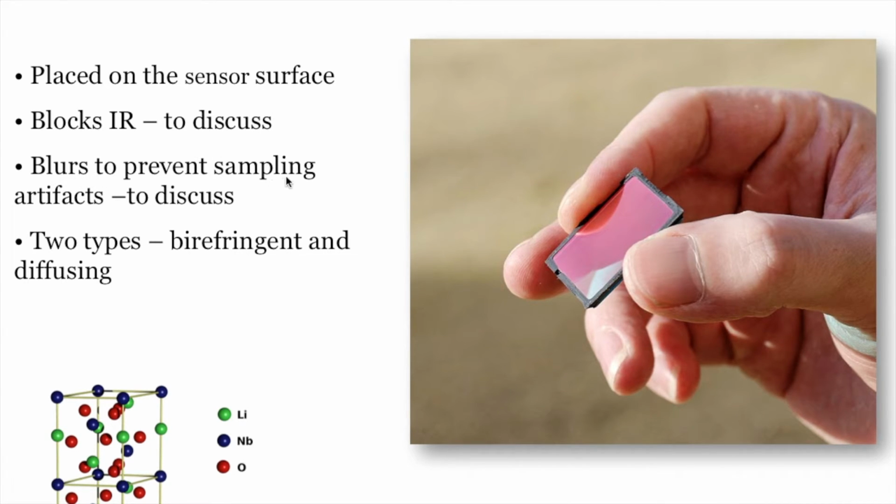The other thing that we always have to worry about is the match between the number of spatial samples in the pixels and the quality of the image that's produced by the optics. If the optics is producing an extremely sharp image, but we have a low sampling rate on the sensor, then we will get into all kinds of trouble with a phenomenon called aliasing.